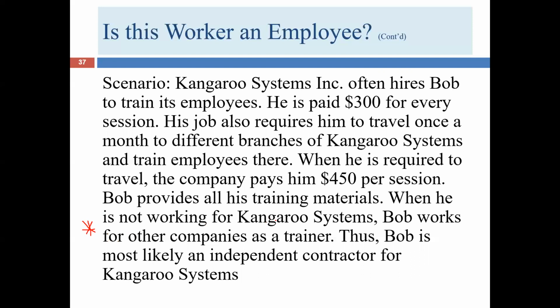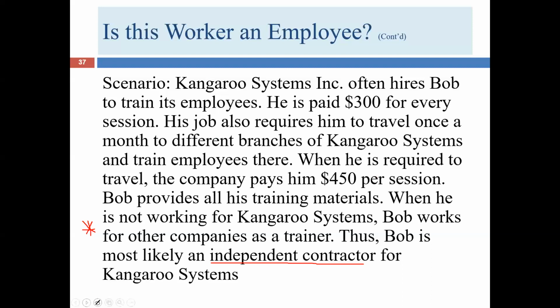Given this information, though, I would say that it's pretty likely Bob is an independent contractor for Kangaroo Systems. So that seems to be where the facts are heading. But there are facts out there that you want to do some more research on. As I said before, these cases are very fact intensive, and you're not going to be able to capture all those facts in a single paragraph.